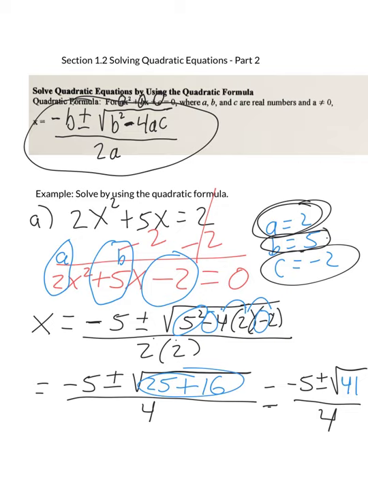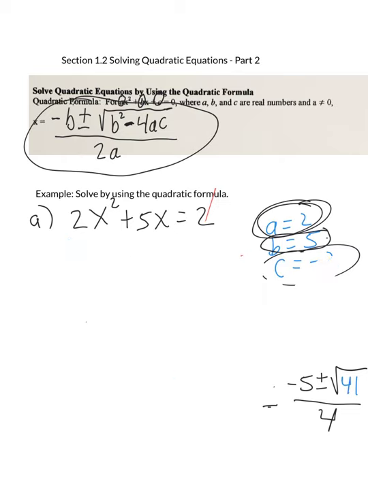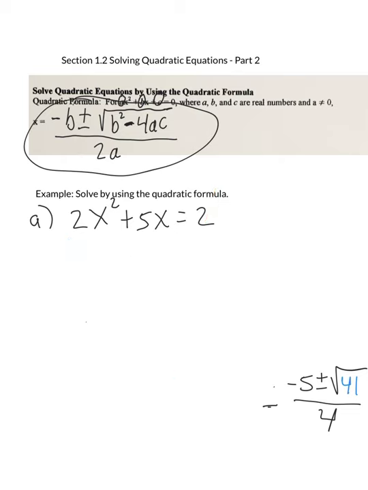So get it down to one number under that square root in the formula and then check to see if that's going to go further yet. I'm going to erase some of this big old handwriting and move what I currently have to the top just to create a little bit more room here. So I currently have negative 5 plus or minus the square root of 41 all over 4.